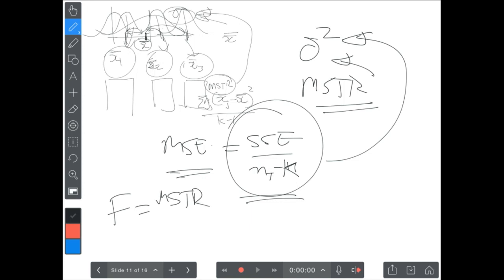MSTR will be a bad estimate of the population variance, much bigger than it needs to be compared to MSE. So that ratio will tend to be greater than 1. And if it's sufficiently greater than 1, a lot greater than 1, like in this case it was 10 times greater in the last example we just did.